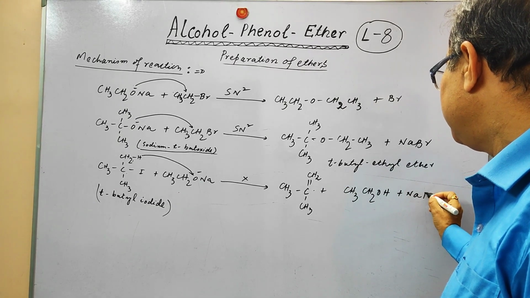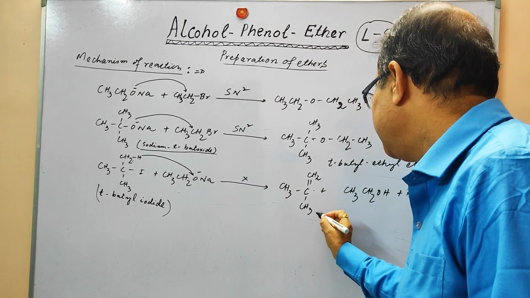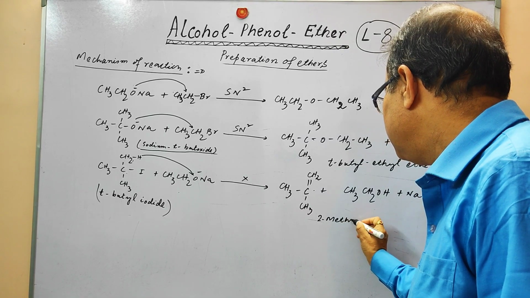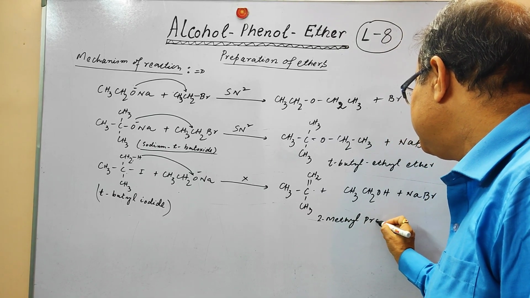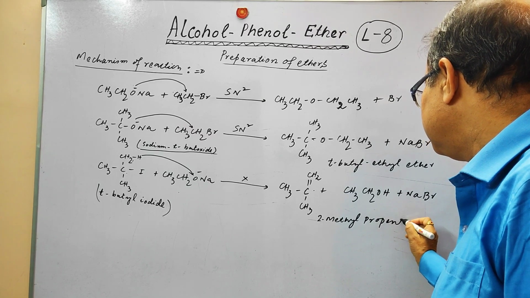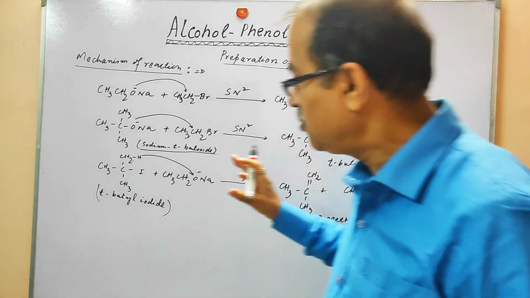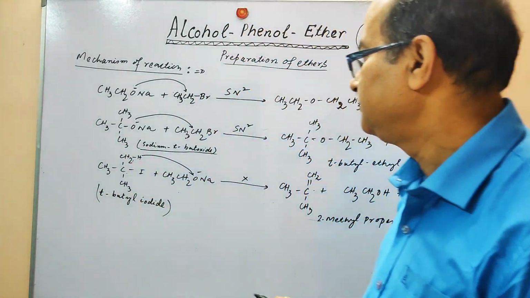So here you can see that 2-methylpropene is being produced instead of the ether because of the choice of this tertiary butyl iodide.